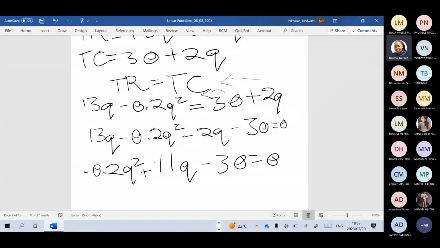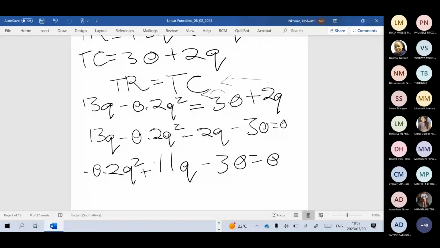We are trying to find the break-even point, and we said break even occurs where the total revenue equals the total cost. Okay, we have the quadratic function. We need to find the values of Q, right?